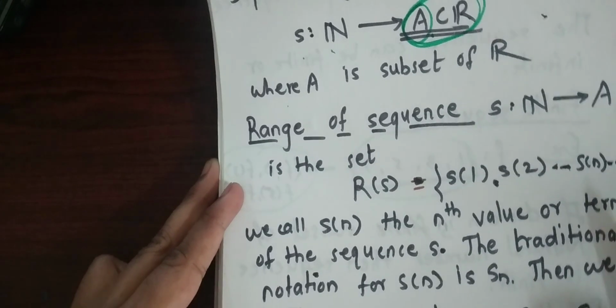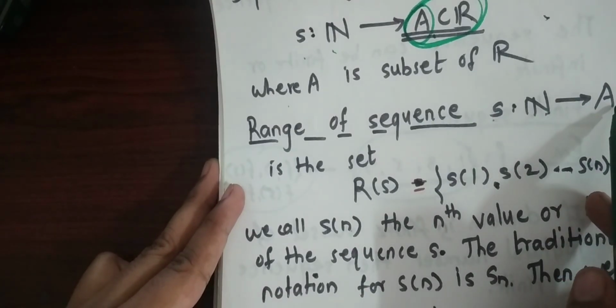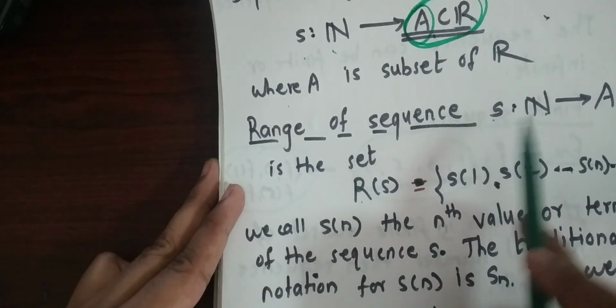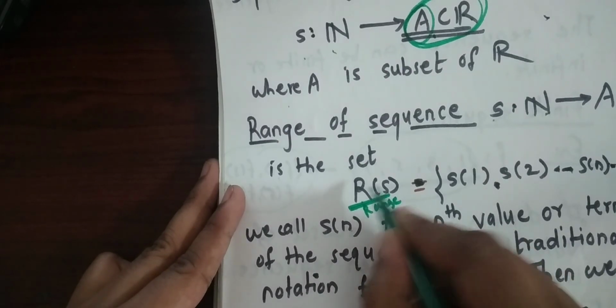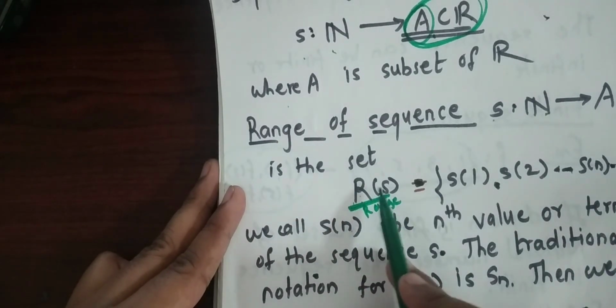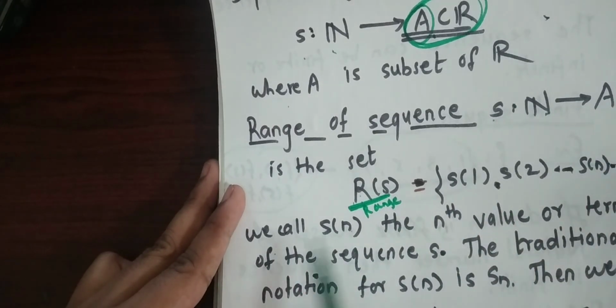The range of a sequence, from the set of natural numbers to A, is the set. So R here does not stand for real numbers, it stands for range. The range of S means the range of the sequence: S(1), S(2) up to S(n). We call S(n) the nth value or term of the sequence S. The traditional notation of S(n) is Sn. We can write R(S), the range of S, as S1, S2, S3 up to Sn.